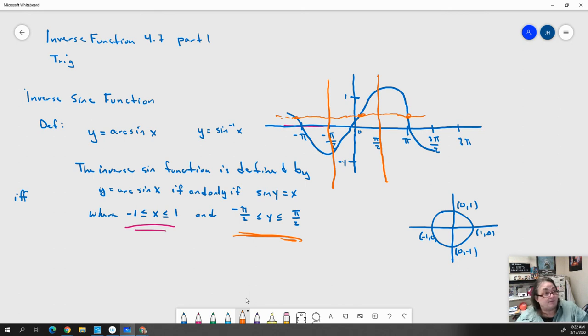Another 2 times around the circle is 6 pi. Another 2 times around is 8 pi. It's the same pattern repeating. So this interval will always work, and it will always have an inverse, if that makes any sense at all.